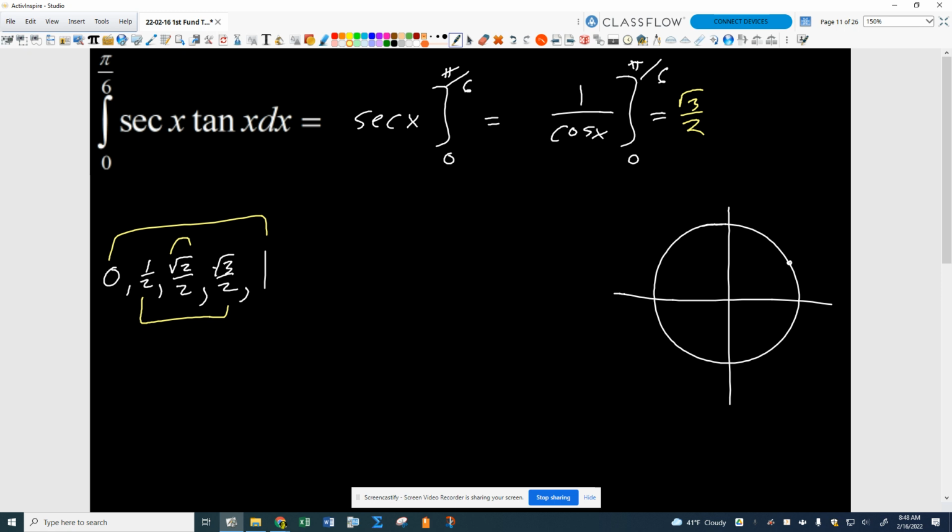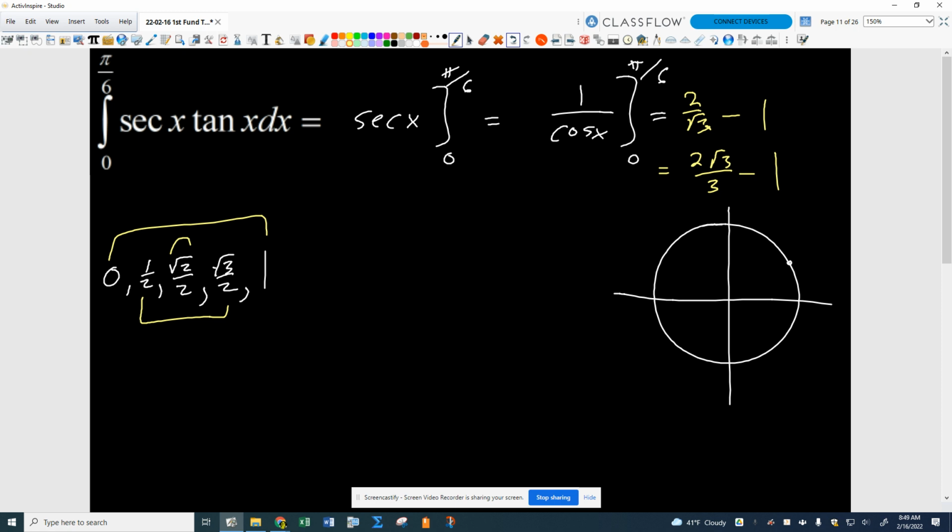So it'd be the reverse of that, though, wouldn't it? 2 over the square root of 3, which is 2 radical 3 over 3 if we rationalize the denominator. And then cosine 0 would just be 1, right? So we could write it like that if we wanted to. Does that make sense?